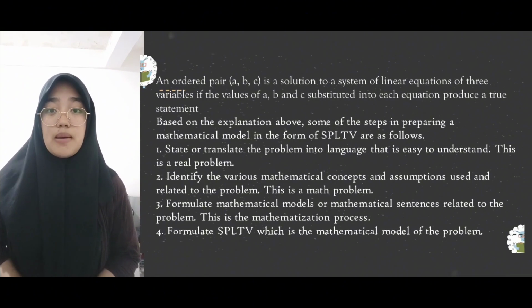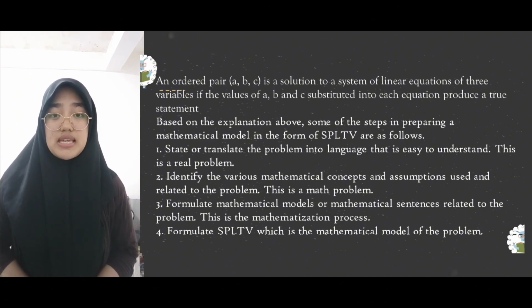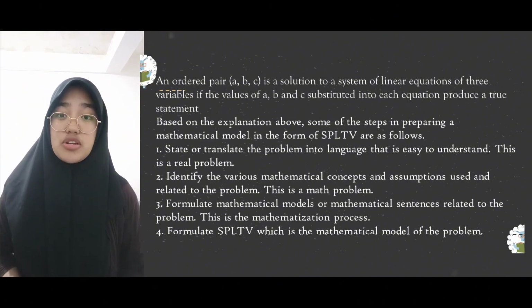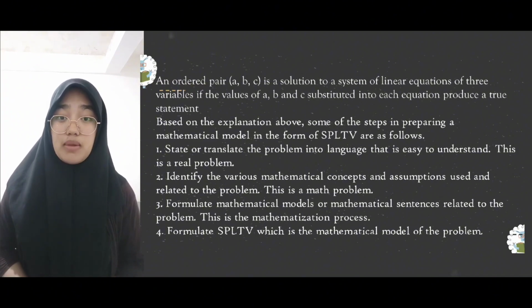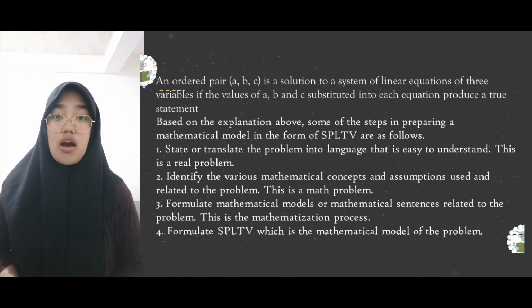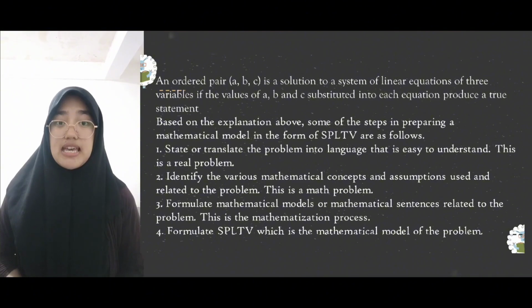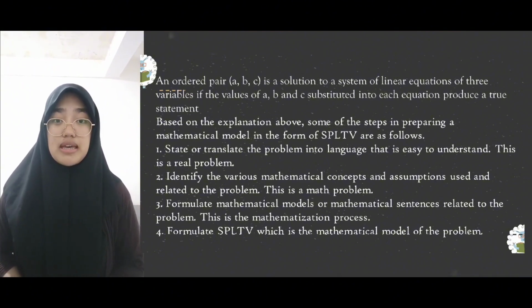An ordered triple (a, b, c) is a solution to a system of linear equations of three variables if the values of a, b, and c substituted into the equations produce true statements.